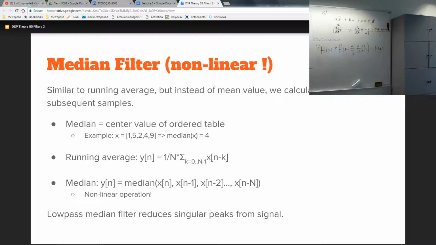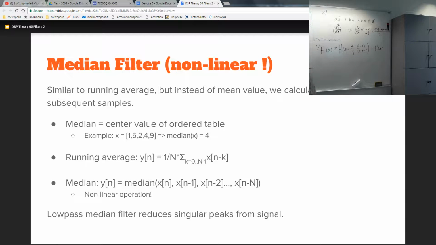The 100 doesn't affect it. The same thing for average: 113 divided by 8, so it's around 20. The average would be around 20, but the median is just 5. So a running average would do a bump here, while the median filter goes just like that.